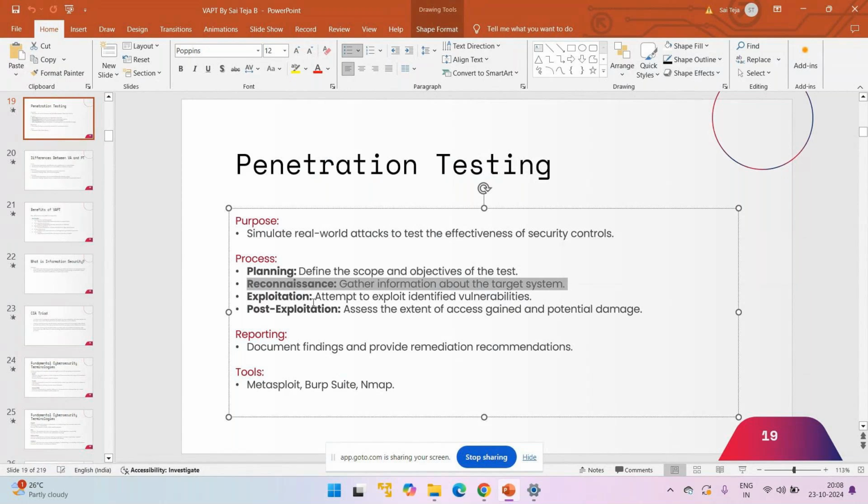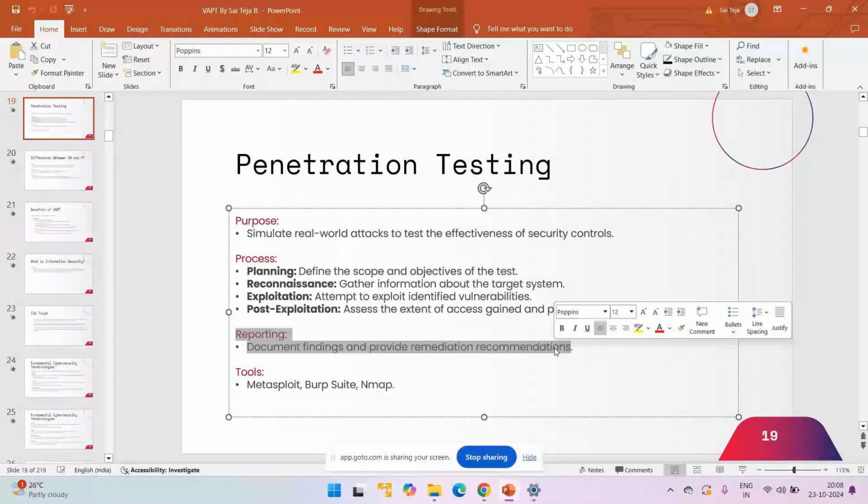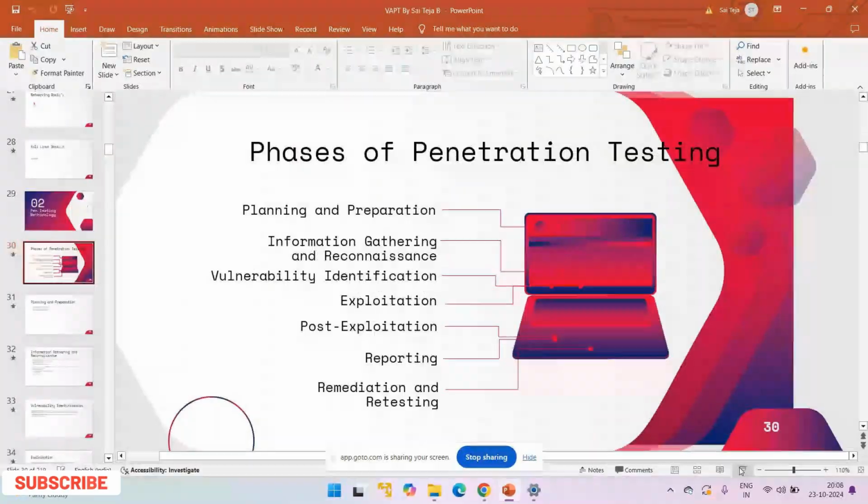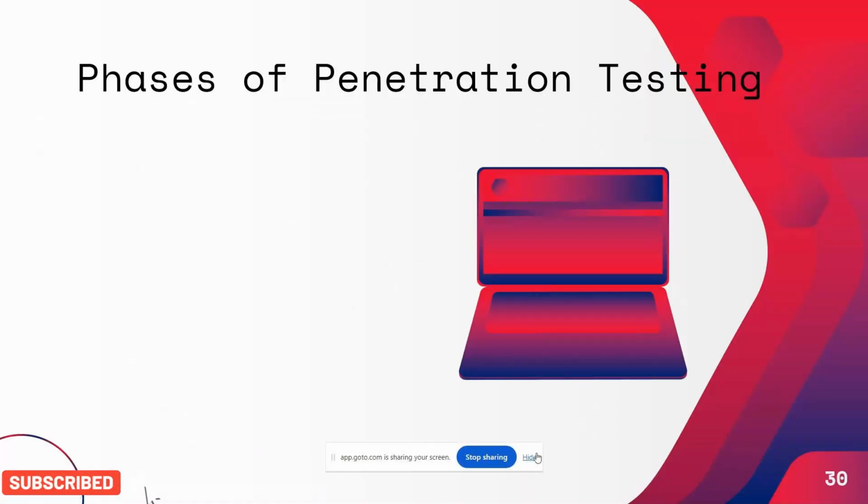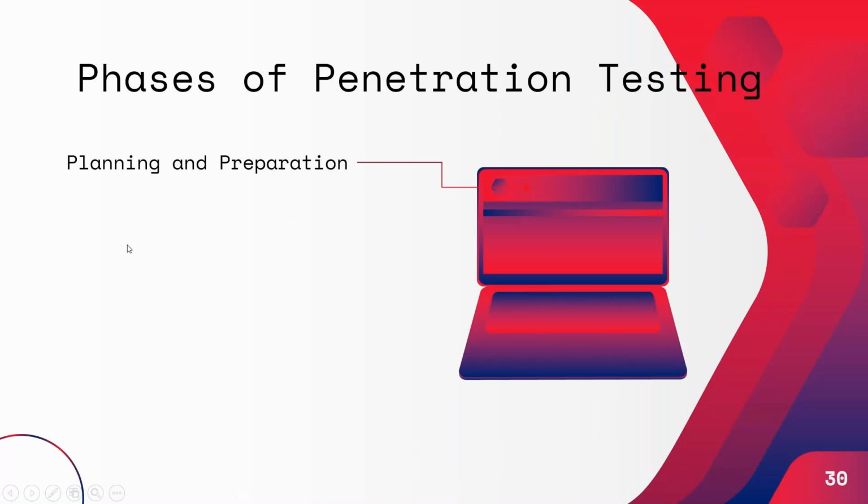Once we identify the vulnerabilities, we exploit them. We also do post exploitation, and then we create the reporting part. I'm going to cover the same thing here step by step, right? So let's start with, as I said, planning and preparation.